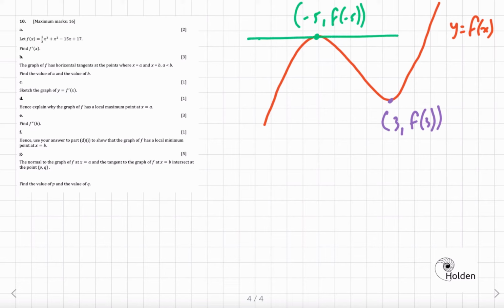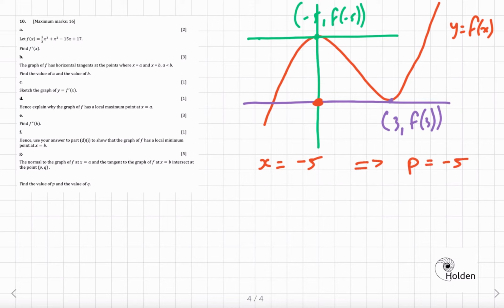So the normal is going to come, so this is the normal. Then if we have 3, we've got the tangent at 3. So we're looking for the point at which they intersect here. Well, now we look at this. This should tell us they intersect when x equals -5. Okay, so that tells us there that p equals -5.